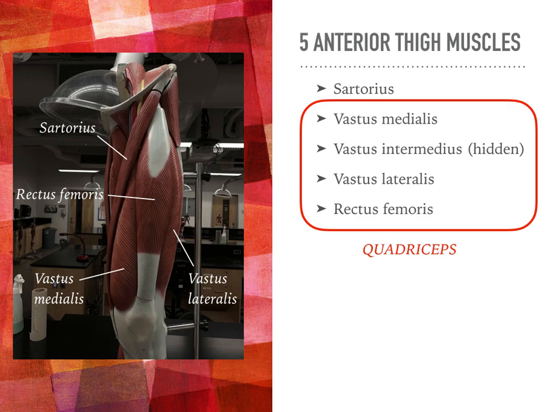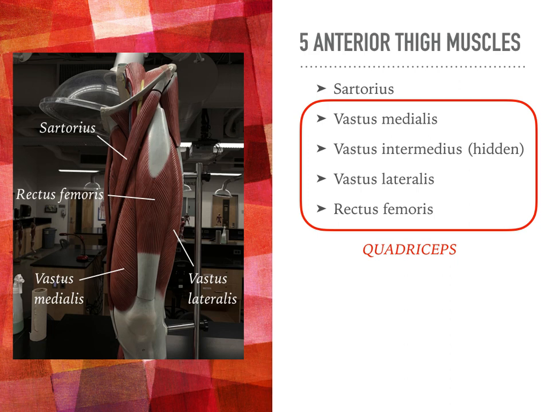In this whole compartment, there are actually 5 muscles, 4 of which are in a group called the quadriceps, a typical name that you'll hear if you're in athletic or exercising situations. The quadriceps are the 4 muscles that occupy most of that area.